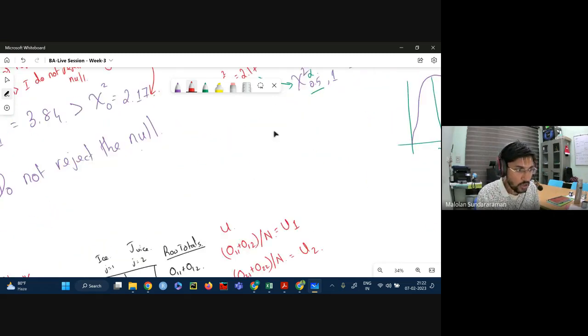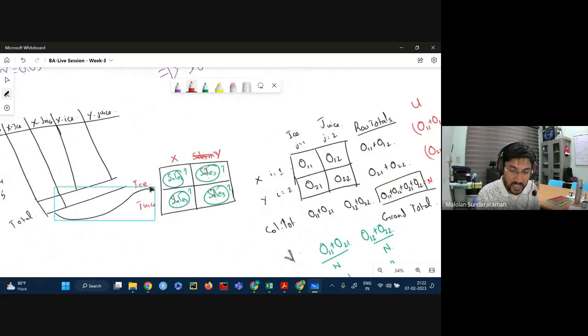Then all you can say is that the sales of ice creams or juices in X or Y are not independent, right? They are in some way dependent. You can never say the magnitude. You can never say what is dependent on what, whether ice cream sales is dependent on stores or juice sales on stores or ice cream sales is affecting juice sales. None of that you can say. That requires further examination.